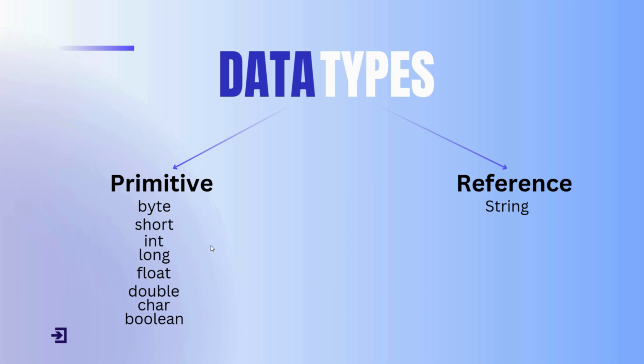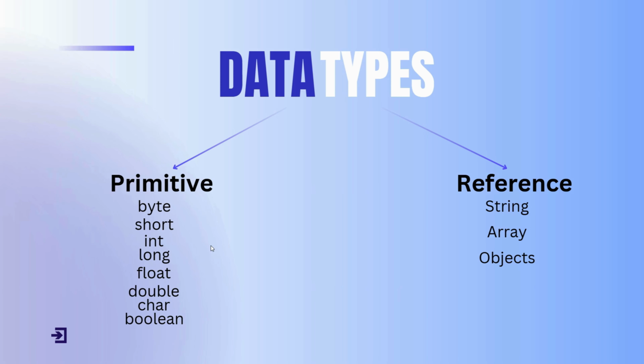And in non-primitive there are string, array, and objects. String is nothing but a set of characters, like we are arranging a list or a set of characters together. Arrays are nothing but storing the same type of data together.